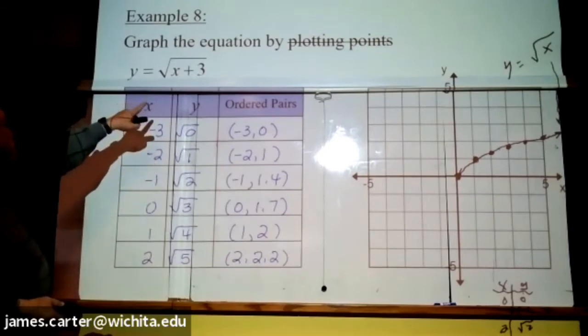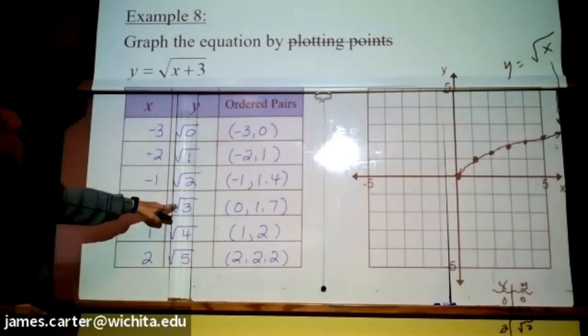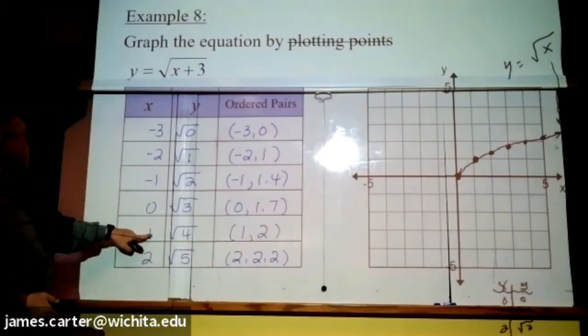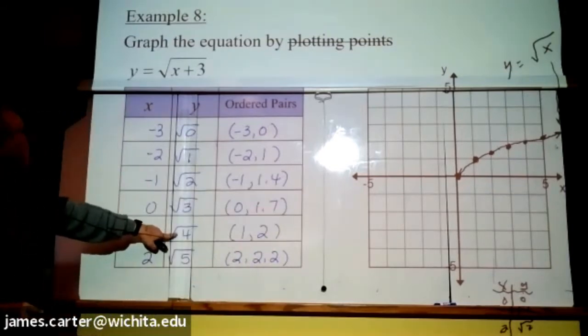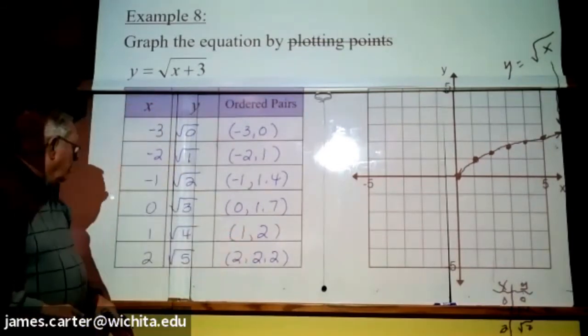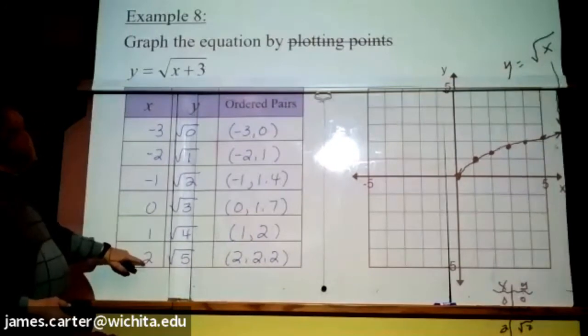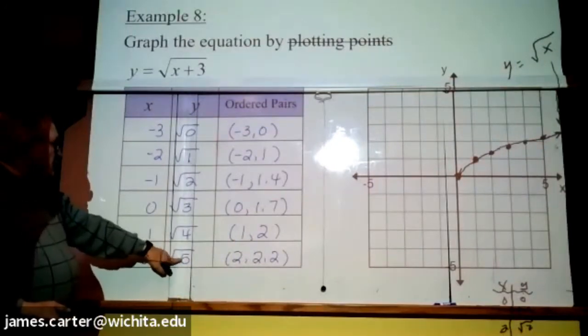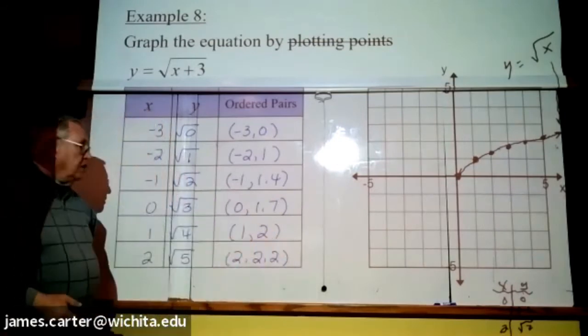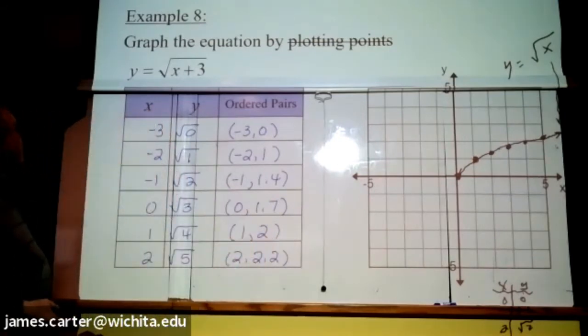If we put a 0 in there, then we get square root of 3, 1.73, and so on. If we put a positive 1, we get the square root of 4, which is 2. We put a positive 2, we get the square root of 5, which is 2.236, and it keeps on going. Okay? For graphing, about 1 decimal point's all that we can even remotely accurately graph.